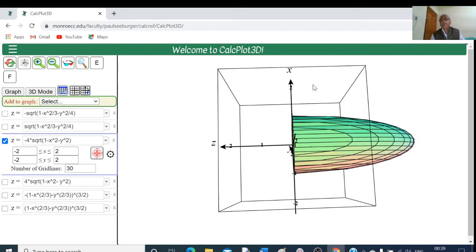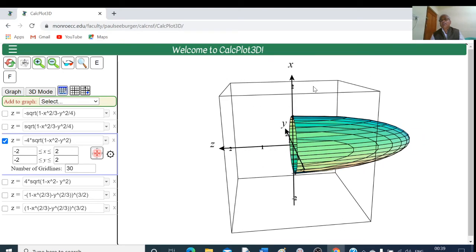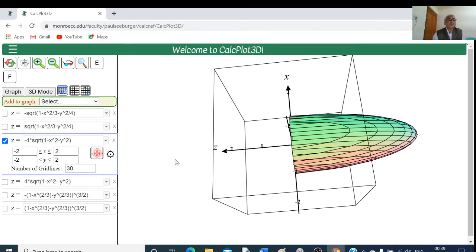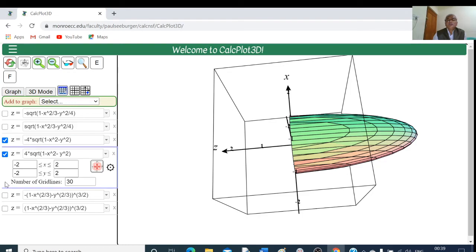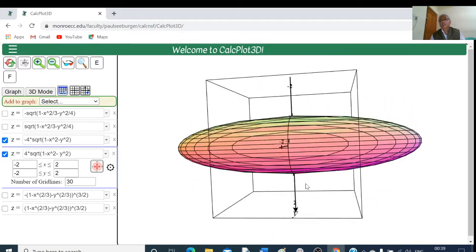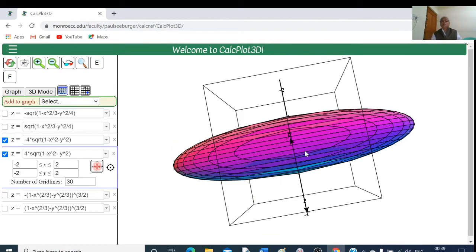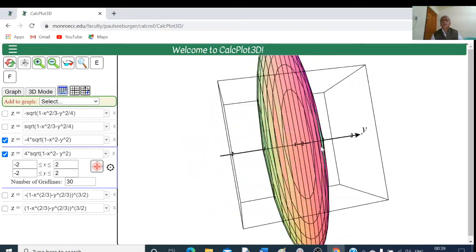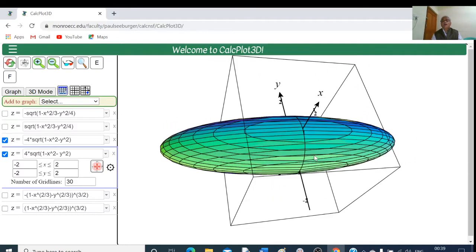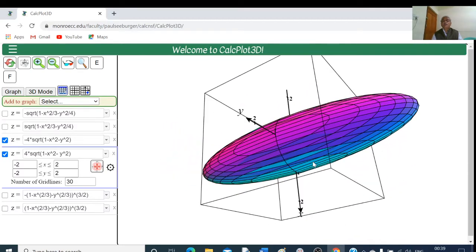Suppose that AB rotates around x-axis, I am getting this half. Okay, and another half is here. Yeah, this is the full figure. So this is the 3-dimensional figure when the ellipse rotates around the x-axis.